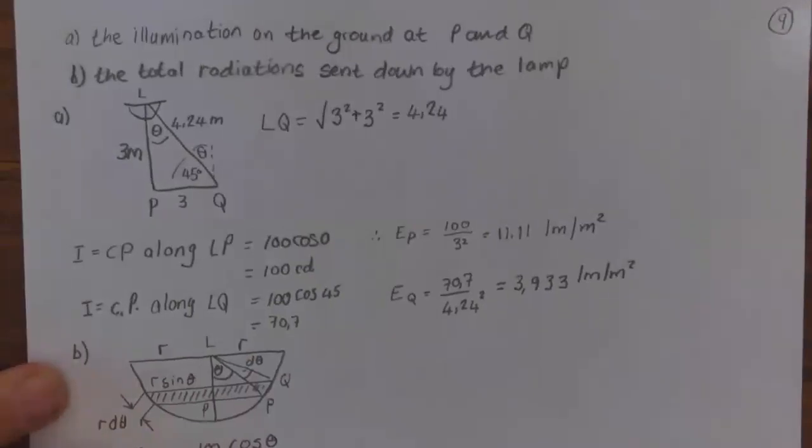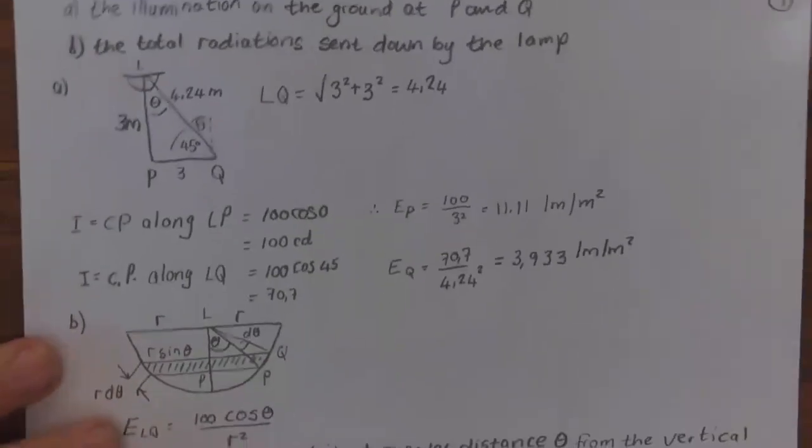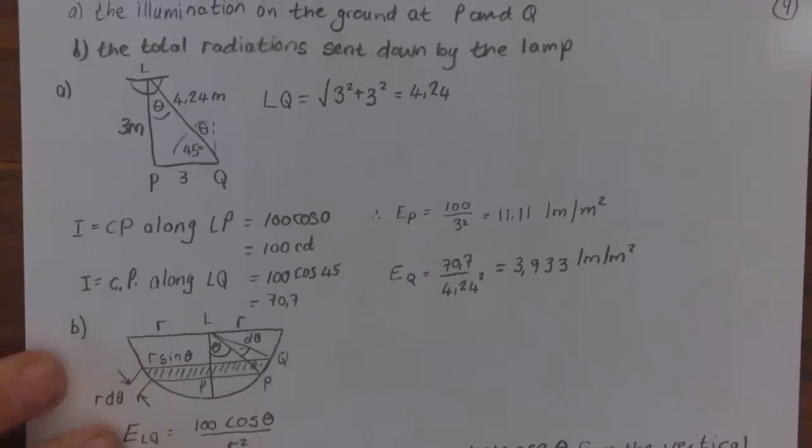So first of all, we have LQ is the square root of 3 squared plus 3 squared, which gives us 4.24. The candle power along LP is 100 cos theta, which is 100 candela directly beneath it. And then E at point P is 100 divided by 3 squared, it's 11.11 lumens per square meter.